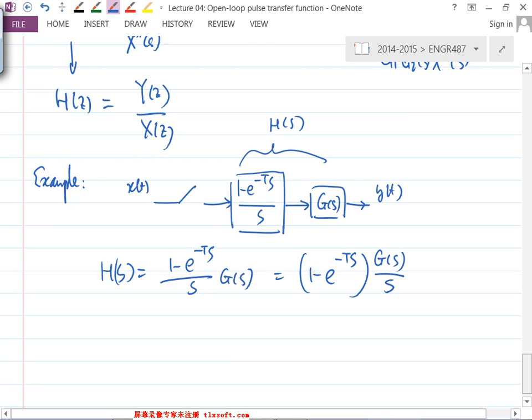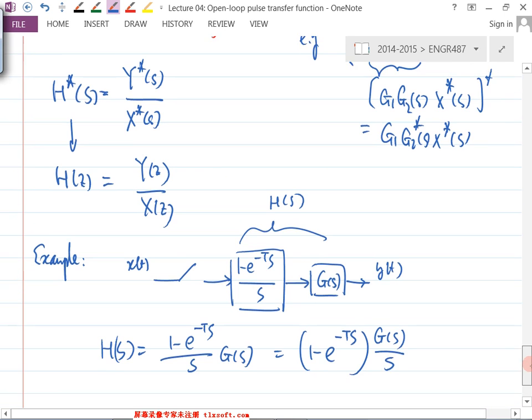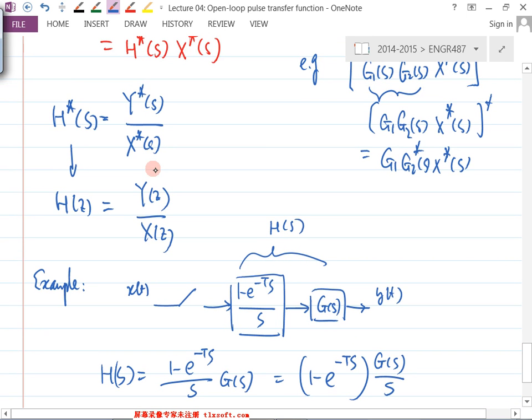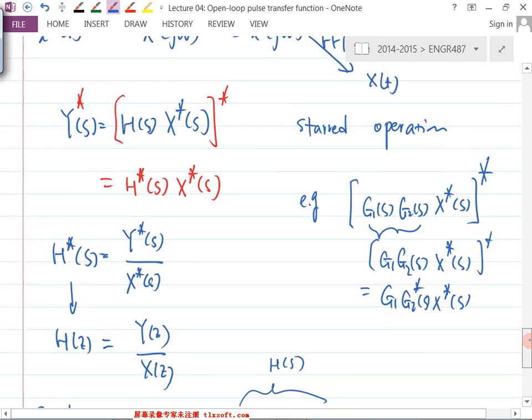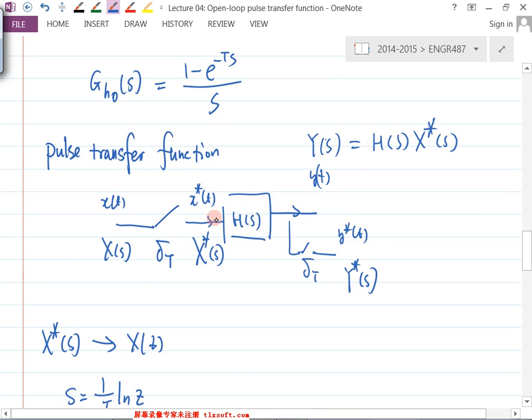Okay, is that good? So we want the pulse transfer function. Based on the previous example, basically, that block that I just drew is the same kind of block like this, right?